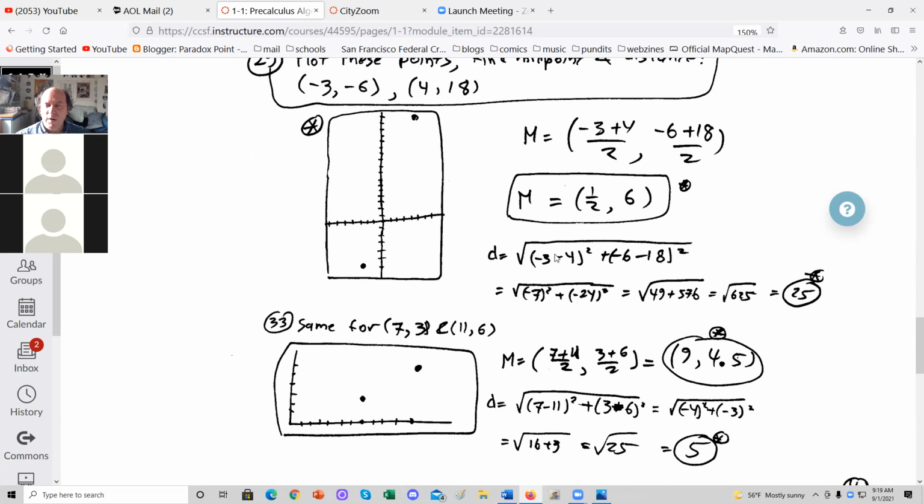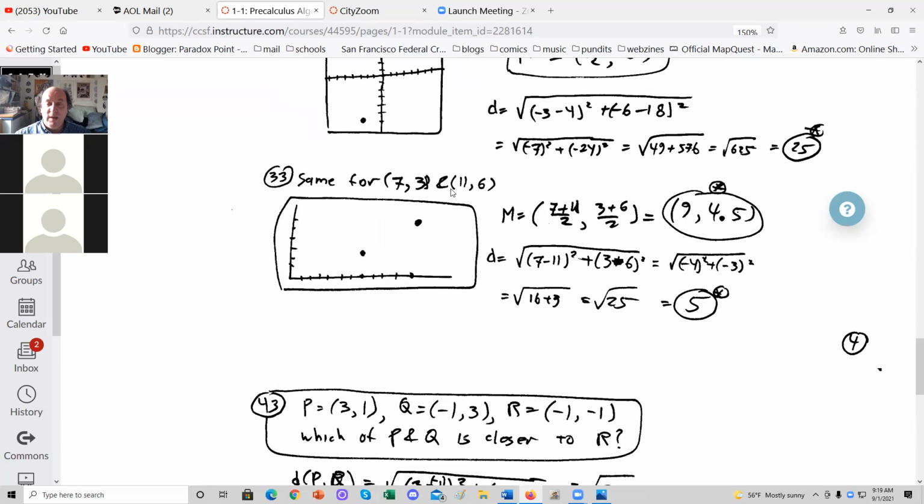Negative 3 minus 4 squared plus negative 6 minus 18 squared. This is negative 7 squared plus negative 24 squared, square root. This is 49 plus 576. These add up to 625, which is a rational number, namely 25. So what we're getting here is what's called a 7, 24, 25 triangle.